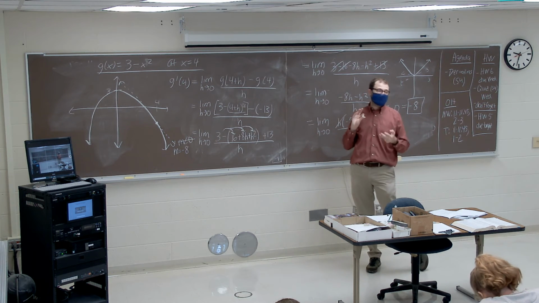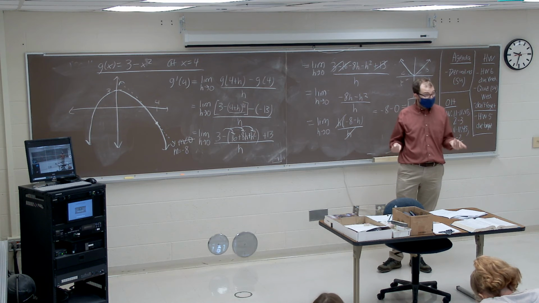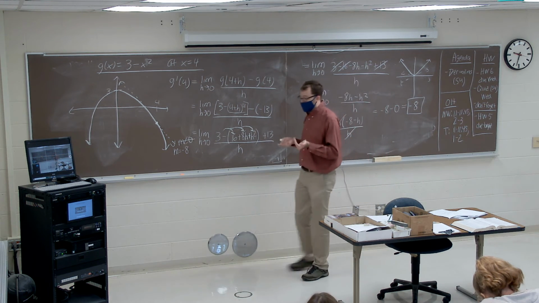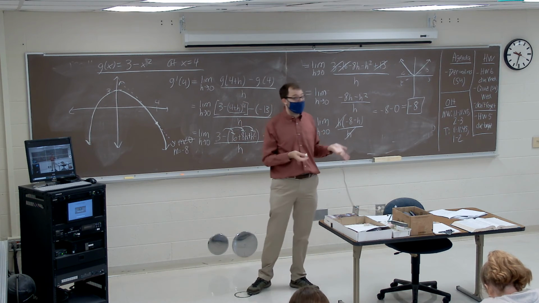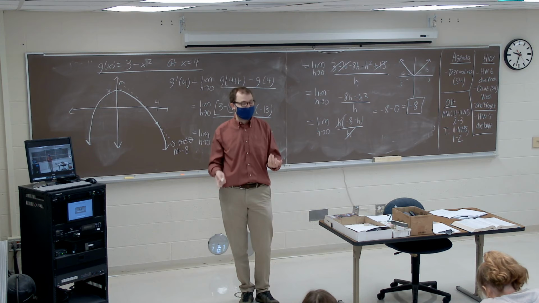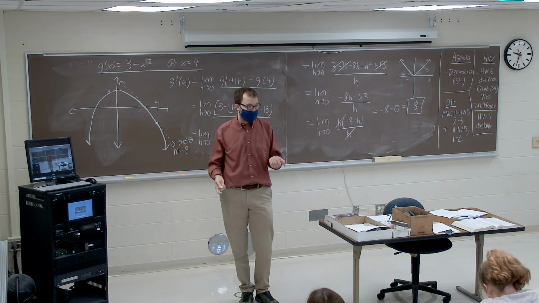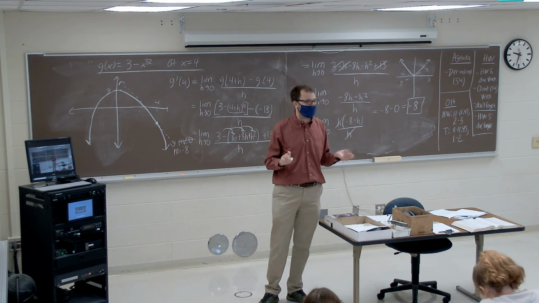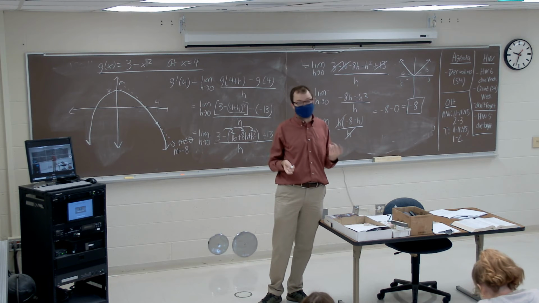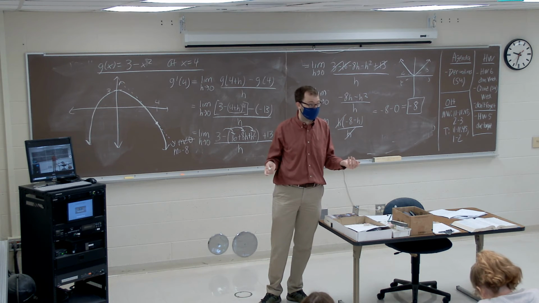I really want to drive home this point, that by taking a limit as h goes to 0 of this expression involving average rate of change, that's how you compute instantaneous rate of change. Once we get to all the shortcut formulas, those might be easy to use, but there's not really going to be much intuition as to where these shortcut formulas came from.